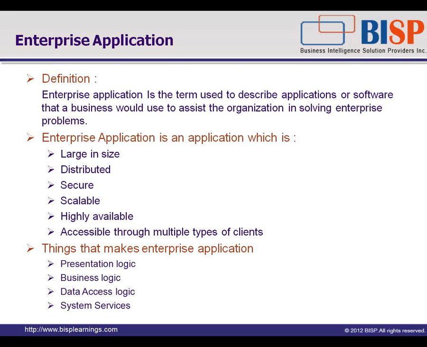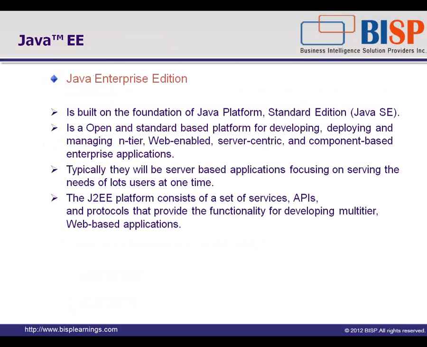So at this point I will explain in detail about Java Enterprise Edition. Basically Java Enterprise Edition is built on a foundation of the Java Platform Standard Edition. J2EE is an open and standards-based platform for developing, deploying and managing n-tier, web-enabled, server-centric and component-based enterprise applications.